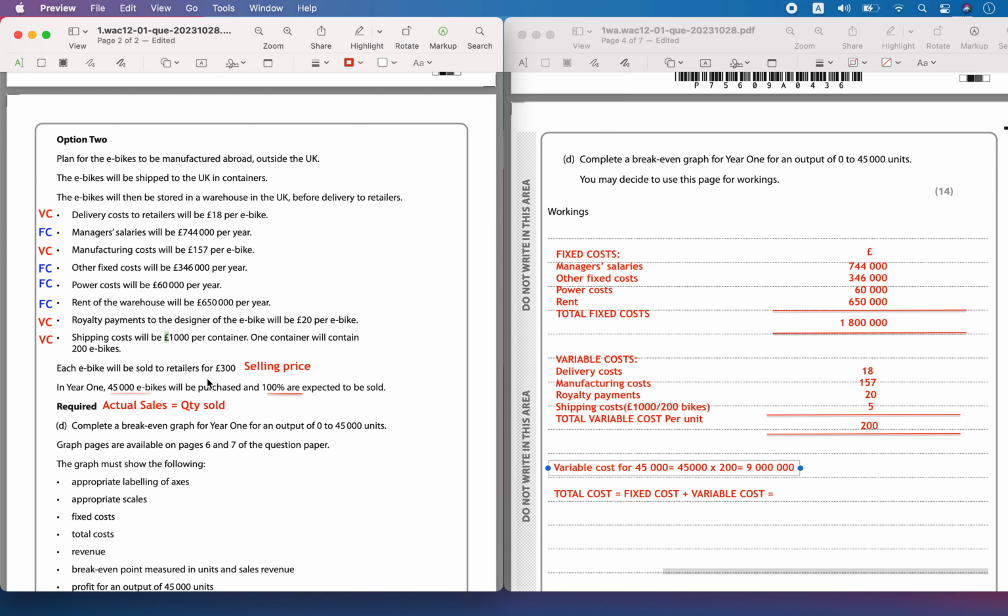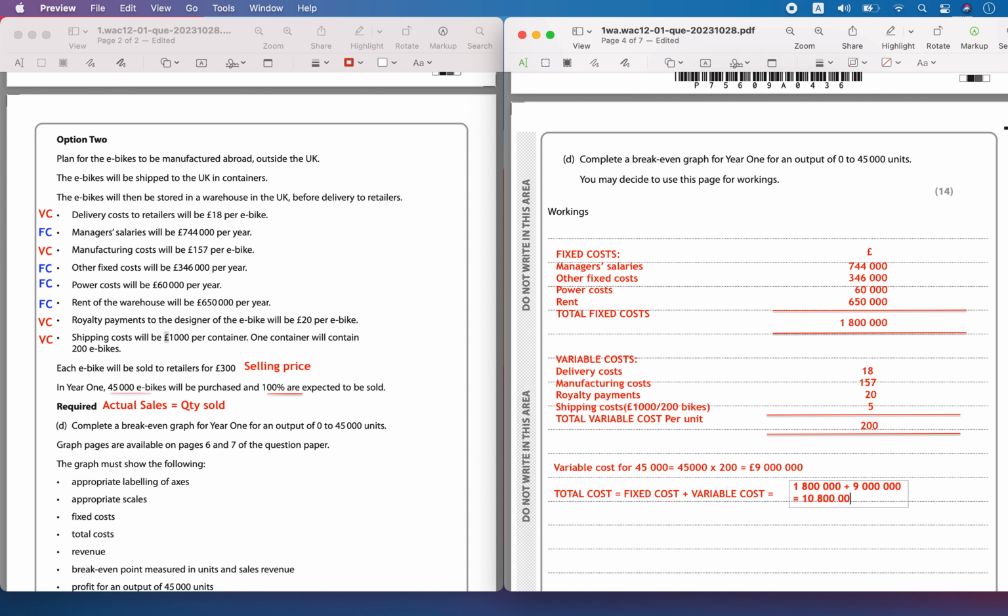So that is the variable cost. Now the total fixed and variable cost is going to be equal to the fixed cost of 1,800,000 plus 9 million. So that is equal to 10,800,000.